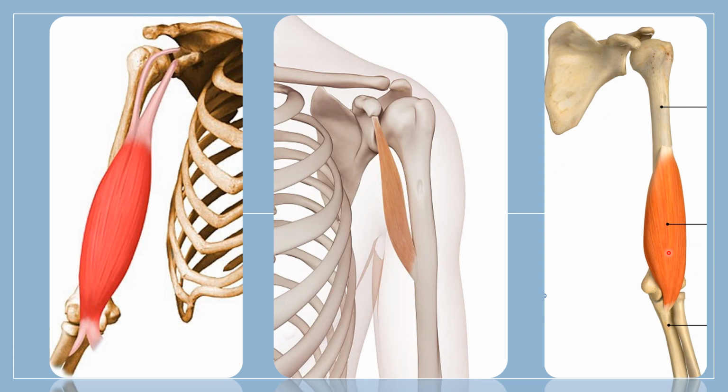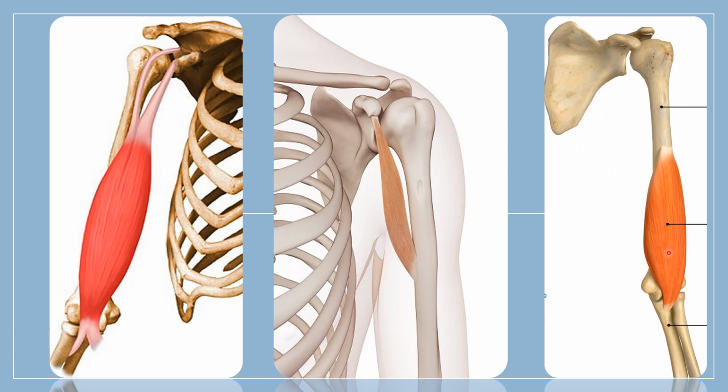It is supplied by musculocutaneous nerve as well as radial nerve. Action, it flexes the elbow joint. So this is about brachialis. Brachialis has a peculiarity that is it has a dual nerve supply.